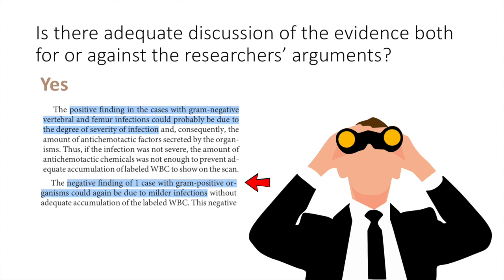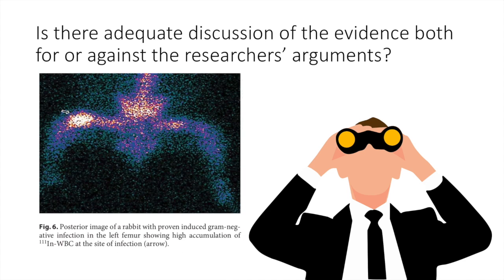Similarly, the negative finding of one case with a gram-positive organism could again be due to milder infections. So these are the justifications for the results that deviated from the actual hypothesis. And this is an example of a figure of a gram-negative bacteria that showed a high level of accumulation of indium-labeled white blood cells at the site of infection.